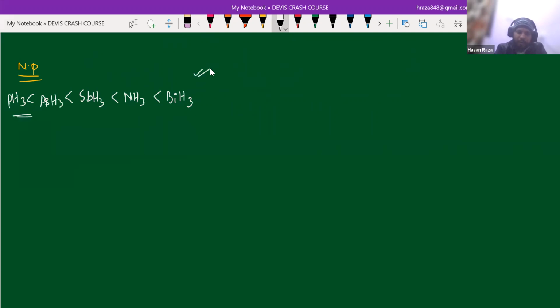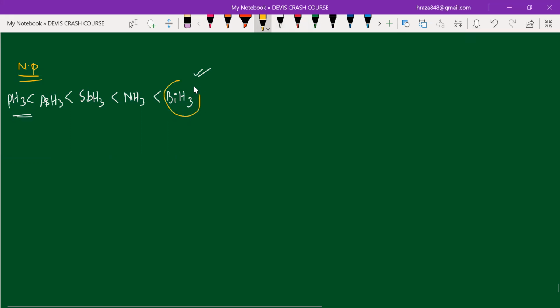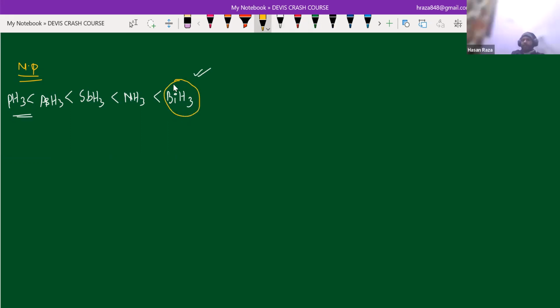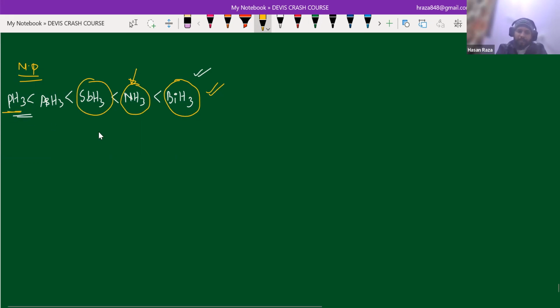This is the order of melting point, and it is very important. BiH3 basically forms a network solid due to its large size, that's why it has the highest melting point. Then comes NH3 because there is hydrogen bonding, then SbH3, and the last is PH3.